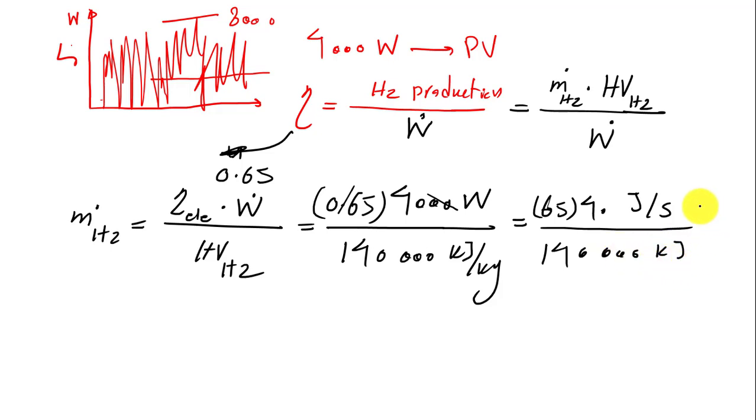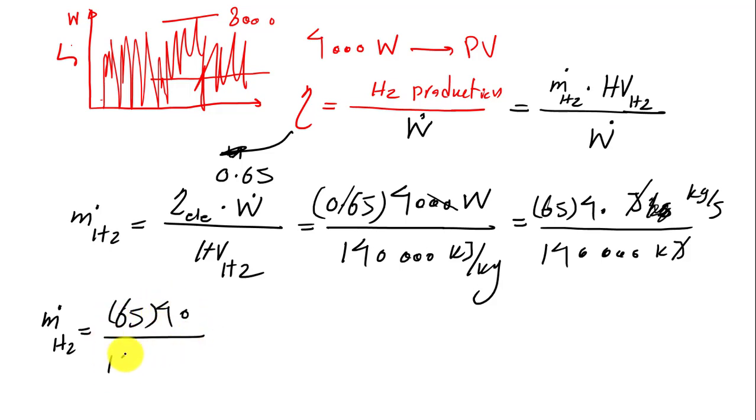If I move this kilogram up, I will have kilogram per second. So I will just delete this one as well. So I can cancel this joule with that. Then I will have m dot of hydrogen, which is equal to 65 times 40 over 140,000.